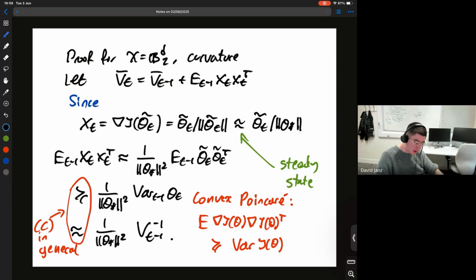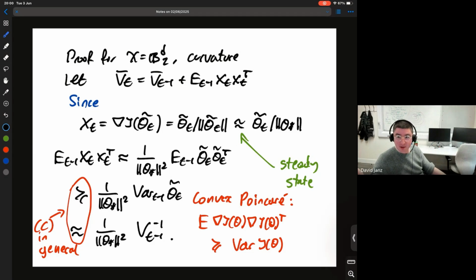And this outer product, if we think of something from a Gaussian, using that variance minimizes squared, is lower bounded by the variance of theta tilde t, which under the Gaussian sampling, roughly the same as sampling from this ellipsoid, is just Vt minus 1 inverse.